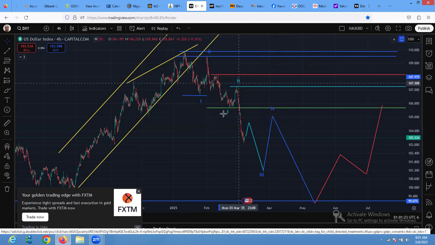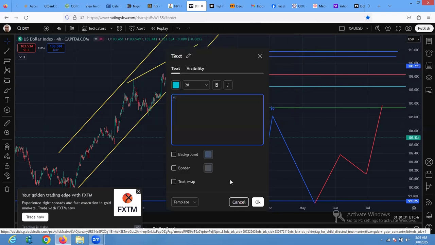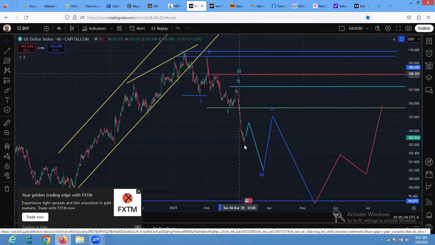I've done this in the turquoise. So we believe these three may have finished right from here or under this particular turquoise low.